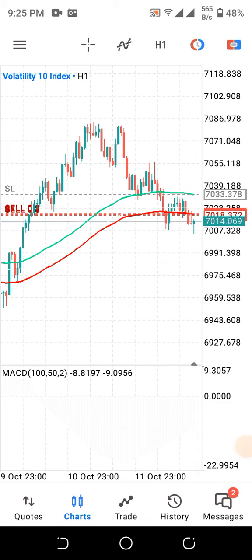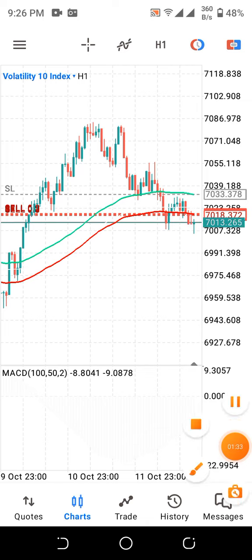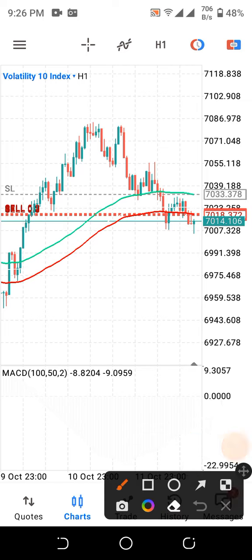As I explained in my previous video, with the help of these two envelopes indicator lines, the red line and the green line, I am on sell on volatility 10 index because the candlestick crosses the red line of the envelopes indicator.